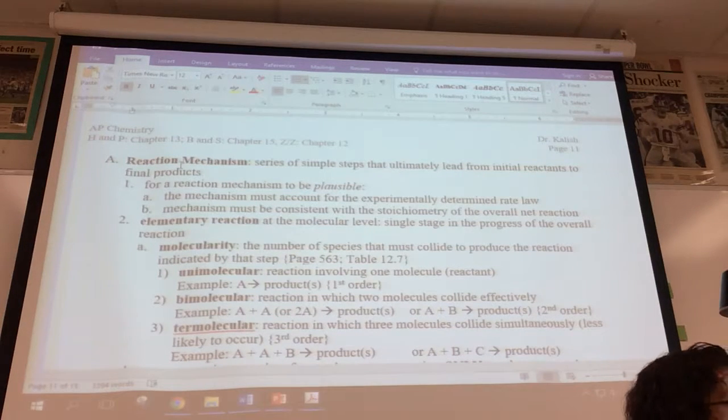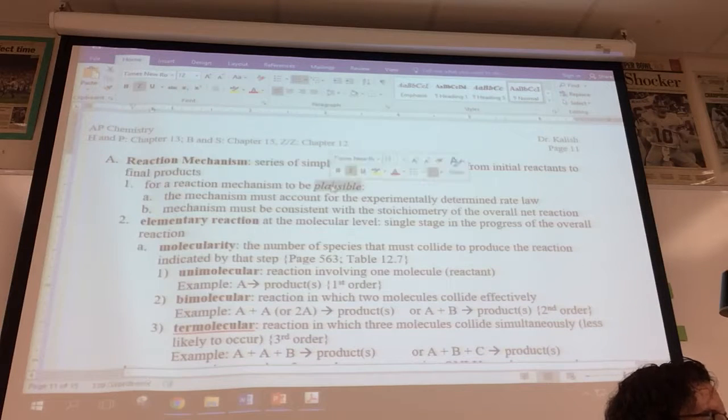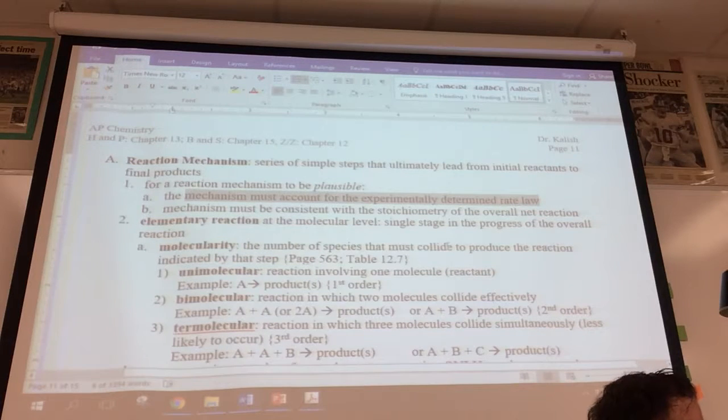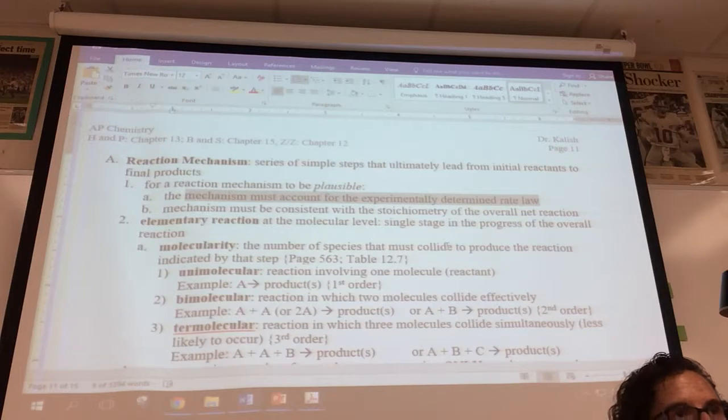For a reaction mechanism to be plausible, the mechanism must account for the experimentally determined rate law. What you're going to see there is in a reaction mechanism, you have a series of steps. One of them will be slow. The slow step is the rate determining step.